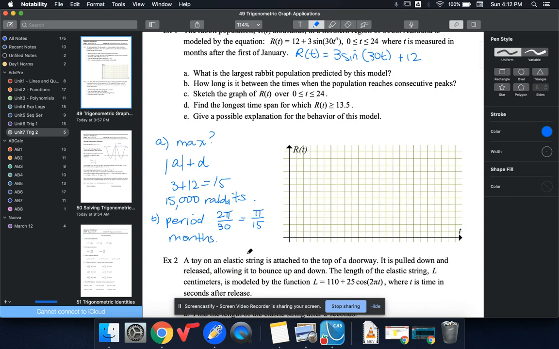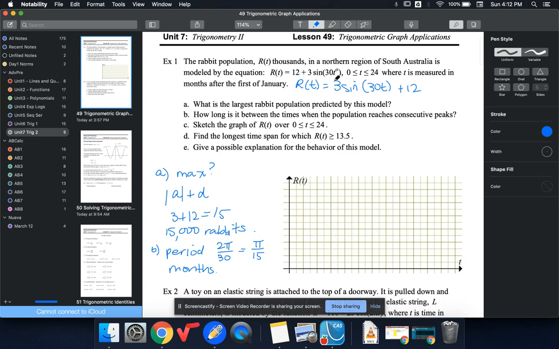And so if I think about that, that's basically going to be about 1/5 of a month as my period. That does not really make sense. Oh, it doesn't make sense because I'm measuring in degrees. So my period should actually be 360 divided by 30. And that's going to make way more sense.